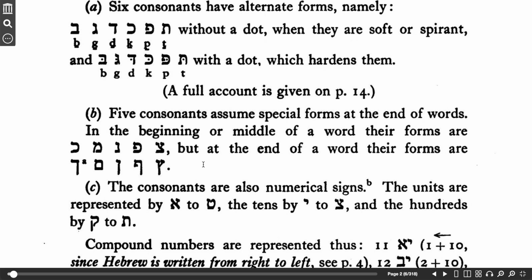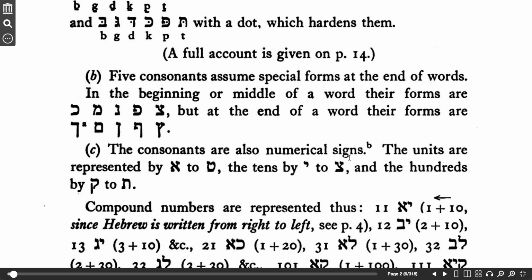It's highlighting that. Now, the consonants also have numerical signs or numerical values. So the units are represented by Aleph to Tet, values 1 to 9. The 10s start with Yod and go all the way to Sade.